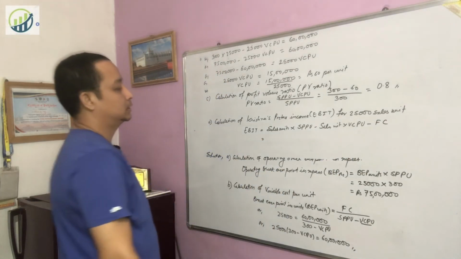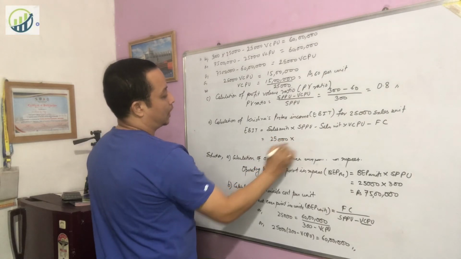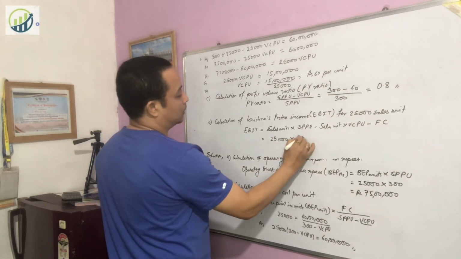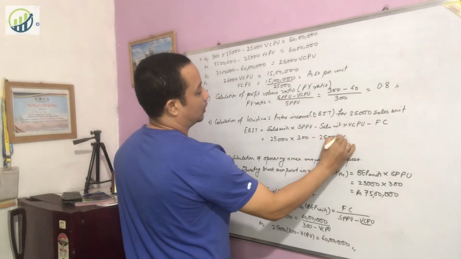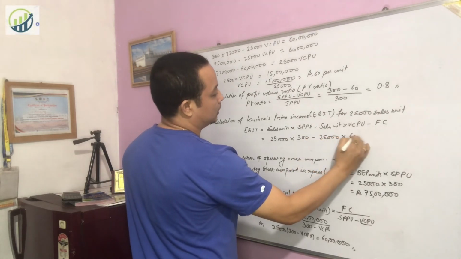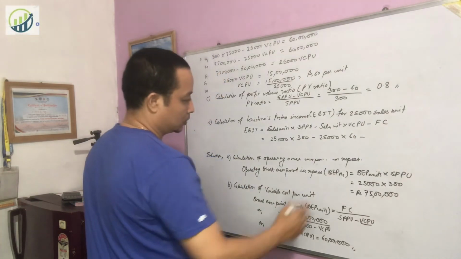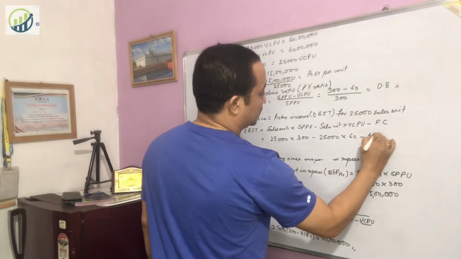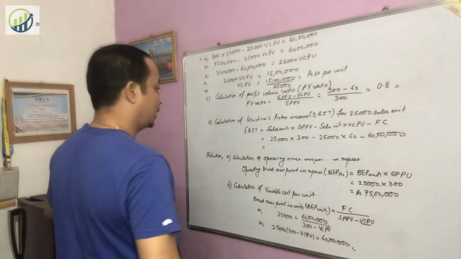So here sales units is 25,000 and selling price per unit 300, minus again sales units 25,000 and variable cost per unit 60, minus fixed cost, which is 60 lakh, 6 million. So you can now find the value.